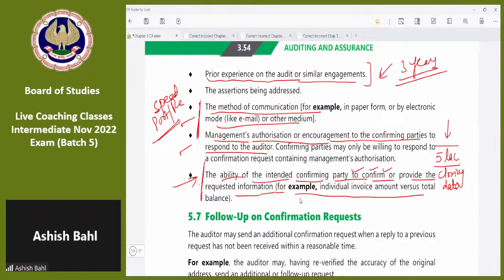I will request him to send a complete copy of his account with dates and narrations. So I might send such a kind of request. So the nature of the risk is definitely useful in designing external confirmation requests.